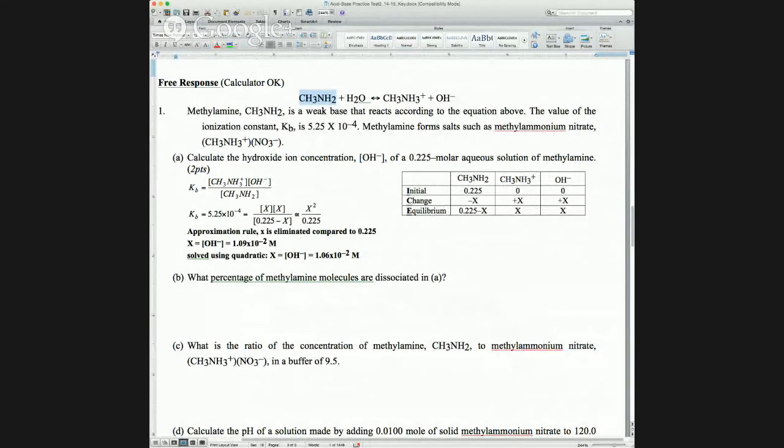Interestingly enough, it's hydrolyzing in water and it's a weak base, and here's its conjugate acid, but it's producing a basic solution. They give you the Kb, which is very cool. They give you the salt, methyl ammonium nitrate. So if they put the NO3 at the end of this, that would be, oh, here it is. And then in A, you determine the hydroxide concentration, 1.06 times 10 to the negative 2.